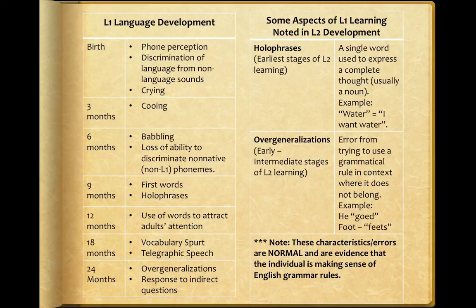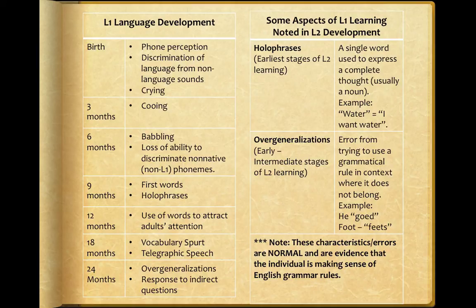For example, for plurals, the rule is usually you add an S to make a plural, for example, a dog or dogs, cat or cats. So they might say "deer, deers," even though we know deer is singular or plural, but they're noticing rules in language. And we're still at 24 months, and they can also respond to indirect questions.